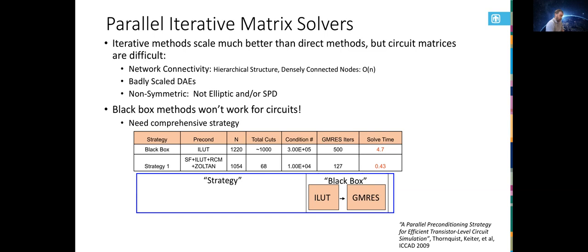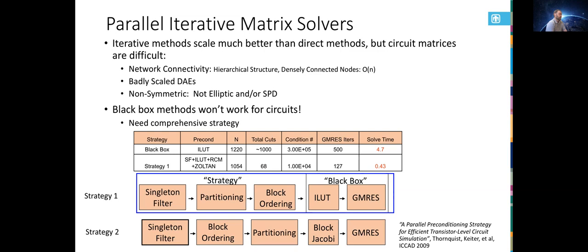What we've developed over time is that you really have to do a sequence of different operations on the matrix and employ an overall strategy, because there really is no single preconditioner that'll just do the job for you. In fact, there are multiple strategies that one might choose to use.